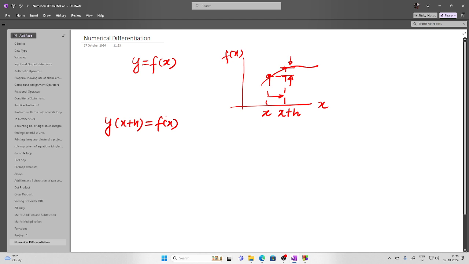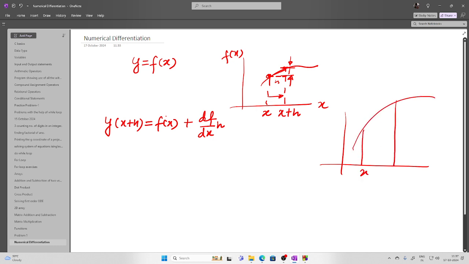So the second thing is, let us try to find the slope also. This is df by dx, and multiplied by this h it will give you this value. But still, let's say this is the graph, you are here at x and this is x plus h, you still lag somewhere.